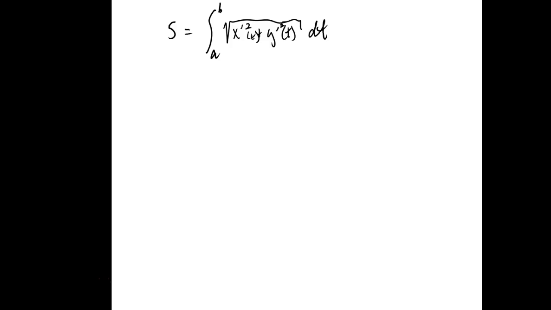All right, number 3. What is the interpretation of the square root of x prime squared of t plus y prime squared of t? I just hate saying of t squared. Okay.